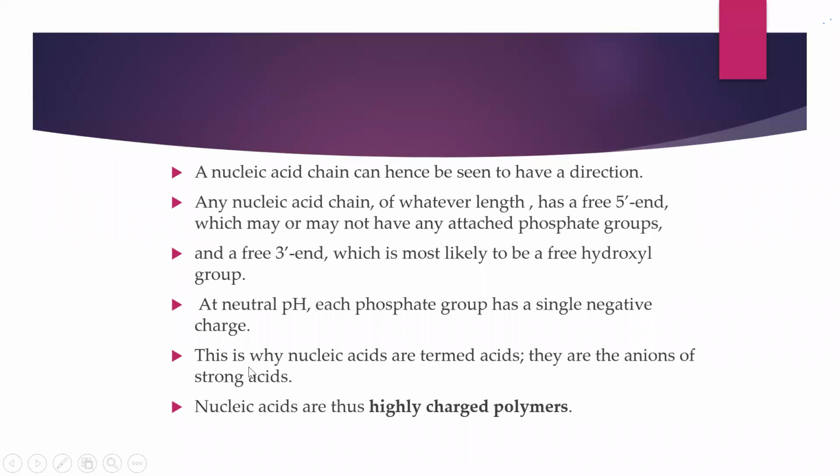So that is why these nucleic acids are termed acids, because they are anions of strong acids. So altogether, these nucleic acids are highly charged polymers. Why? Because each phosphate group contributes a single negative charge, and they are acids because they are anions of strong acids. That is why these nucleic acids are described as highly charged polymers.